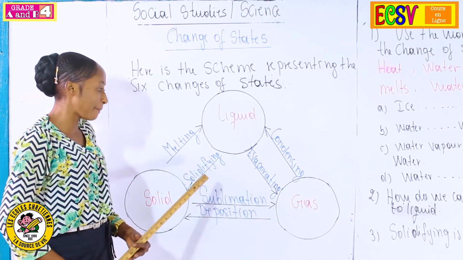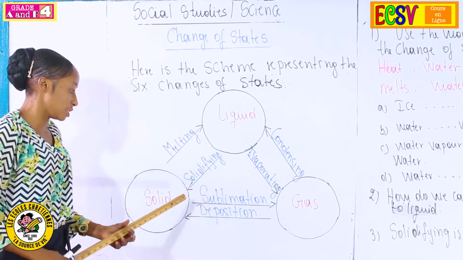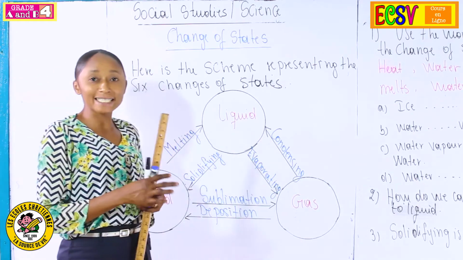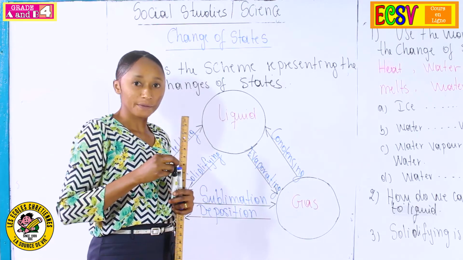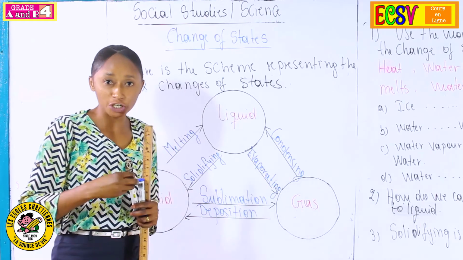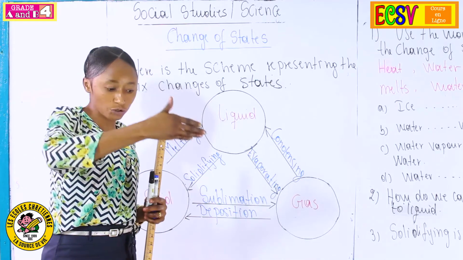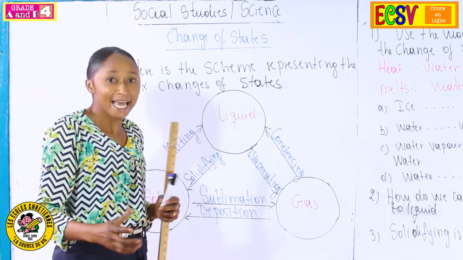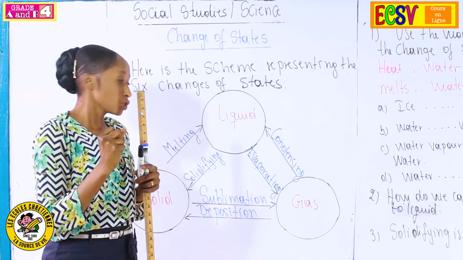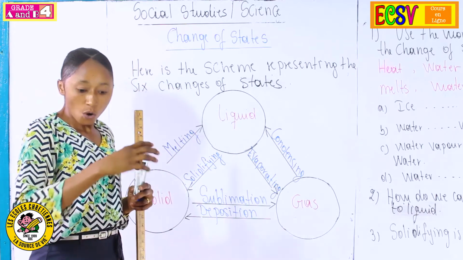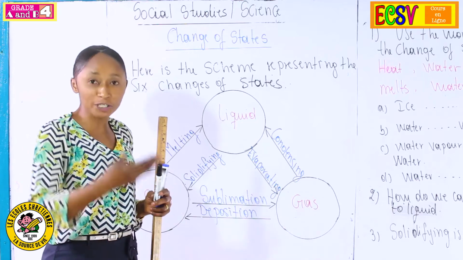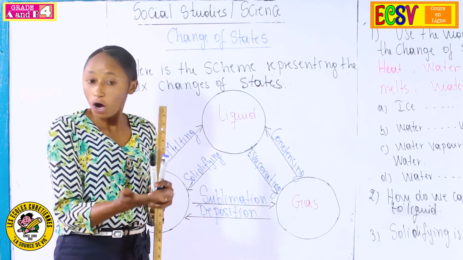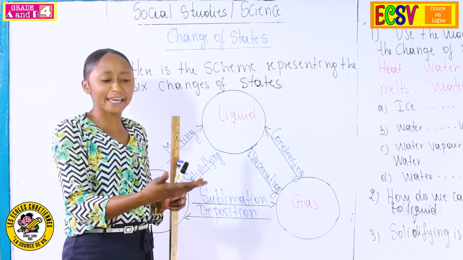How does it happen? Sublimation, for example, you can take a glass in the fridge. You take it out, even fish or meat that is already solidified in the fridge. When you take it out, try to put it somewhere or on a plate. Observe carefully.